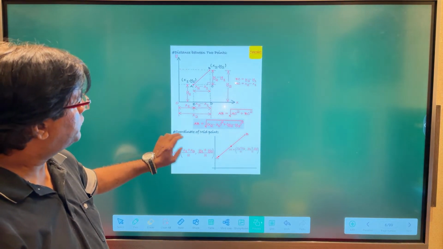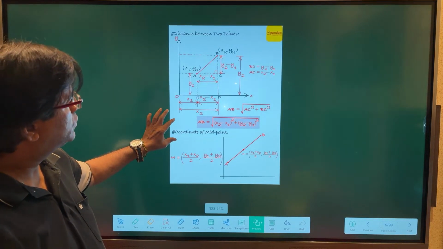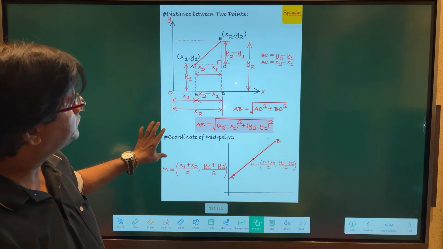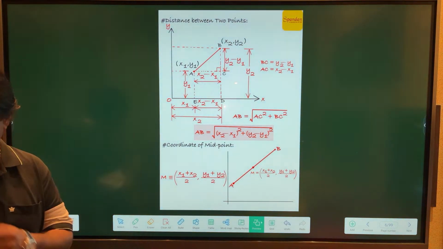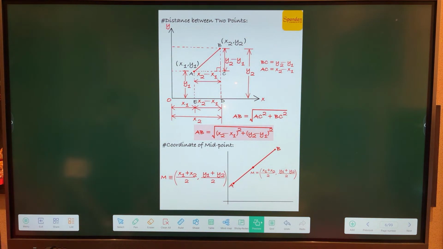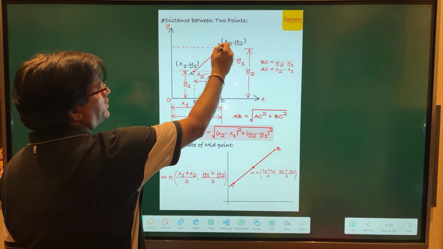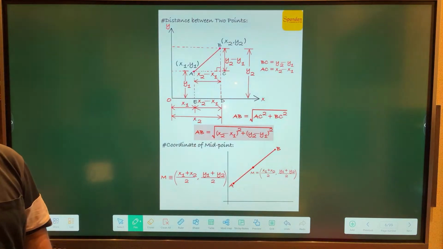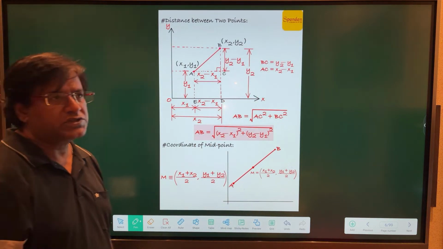Say we have to find the distance between 2 points. Suppose we are given 2 points and we have to find the distance, right? So these are the positions of the 2 points. The first point is at A and the second point is at B, right? This distance is the closest distance, we can say the shortest distance.